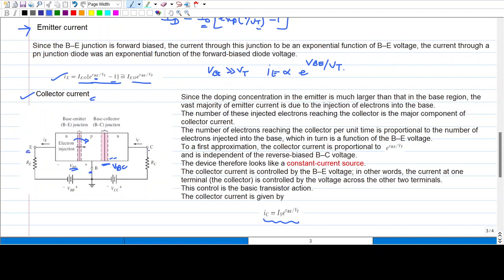So the current through the third terminal, the collector terminal, is controlled by the voltage applied between the base and the emitter. This is called transistor action.